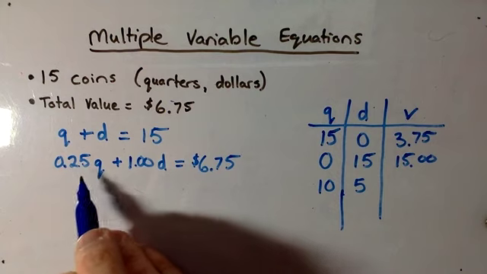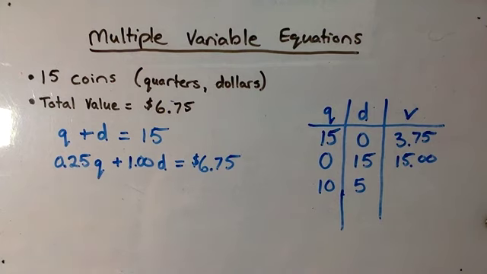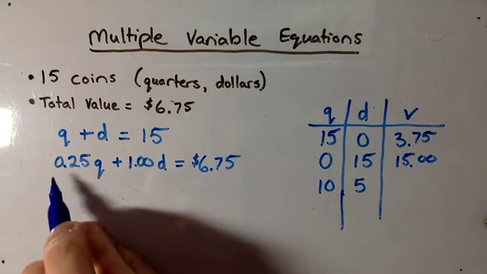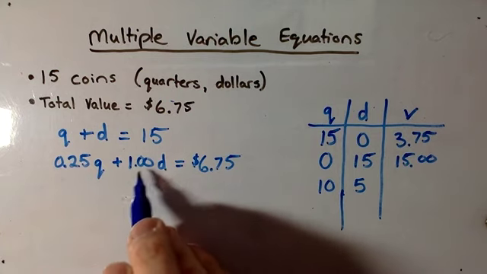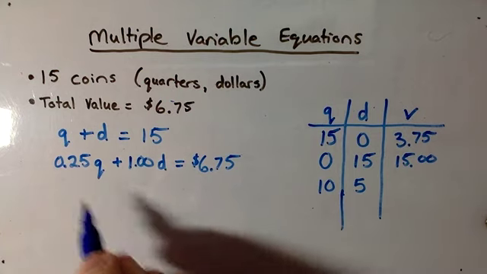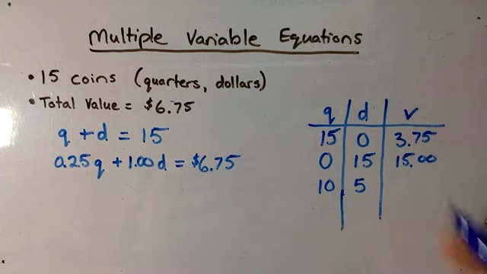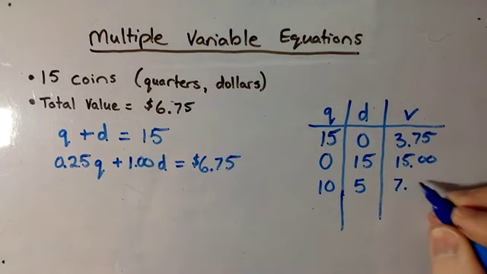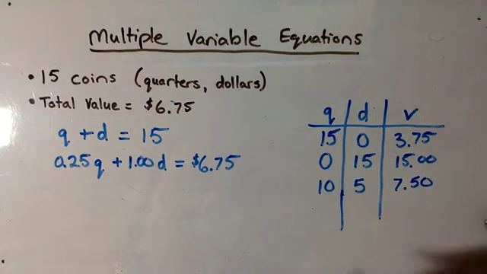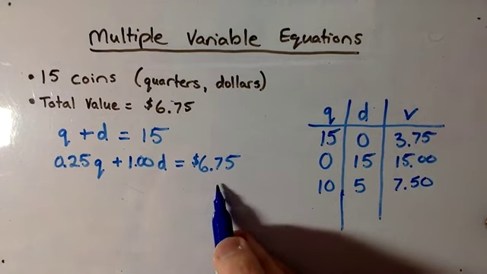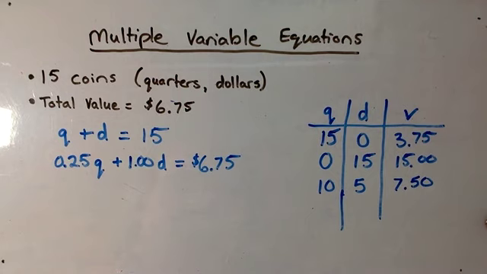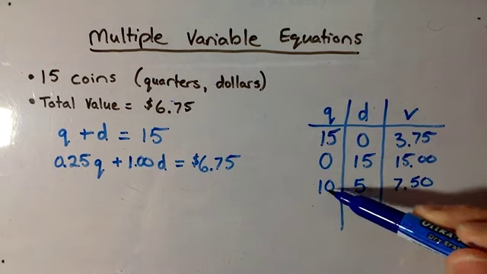So 0.25 times 10 is $2.50, and 5 times $1 is 5. So $2.50 plus $5 is $7.50. So as we can see, that number is still higher than what we're looking for. So we need to get lower, and that means having more quarters. So 10 is not enough quarters.